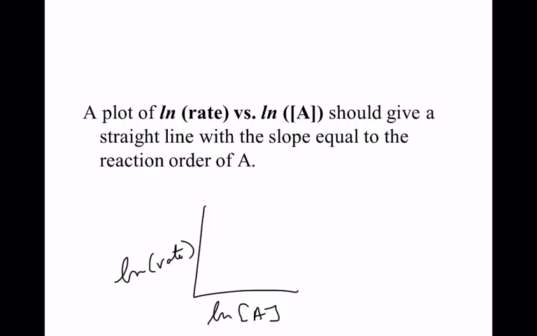Because we varied the molar concentration of A. And it should have a positive slope, and the slope, M, will be equal to, I'll just put Rxn order, reaction order. Not to say M is equal to M. You're like, duh, M is equal to M. Okay. Cool.